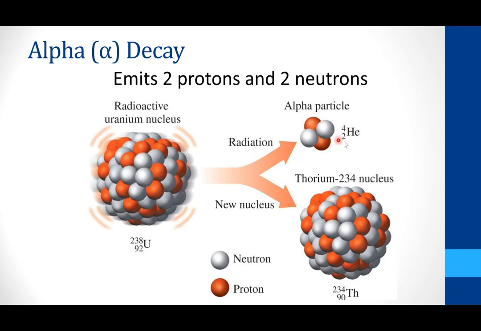Essentially, an alpha particle is a helium atom, right? Somebody that has 2 protons is a helium. So very often, this is how our alpha particle is depicted. Okay. So here's our unstable nucleus. It emits an alpha particle.